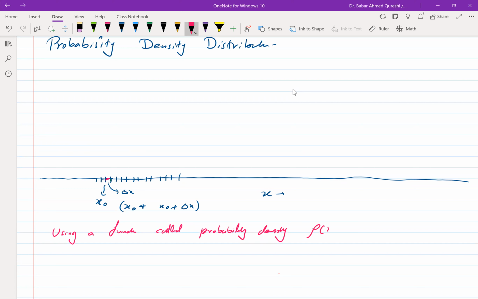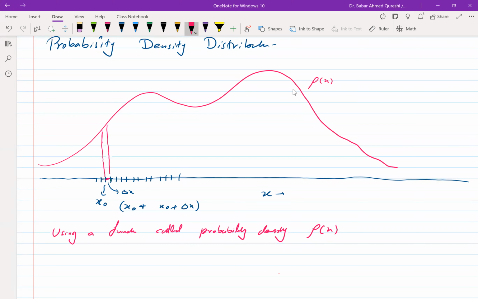Let's say it's rho of x, it's a function. It takes values depending on x. This is the graph of rho of x. You say that you make these strips.